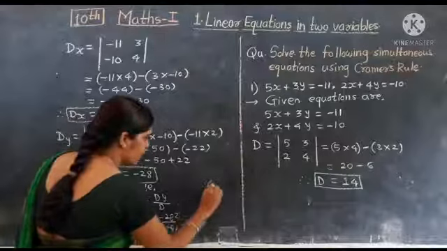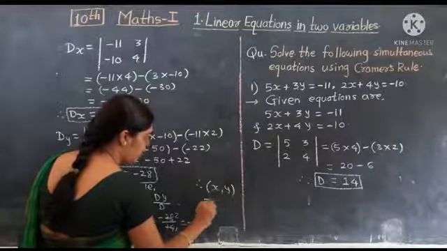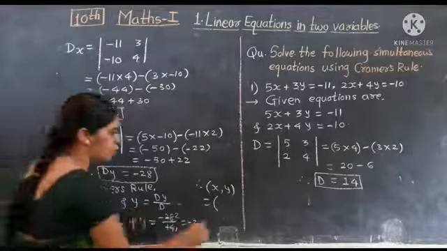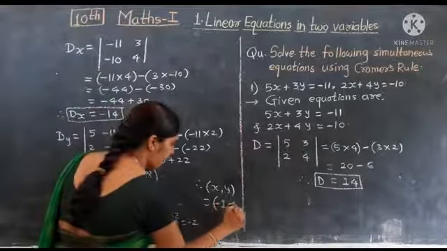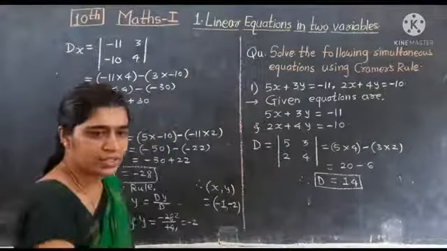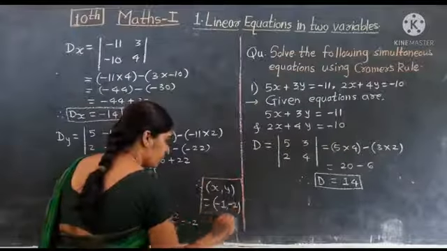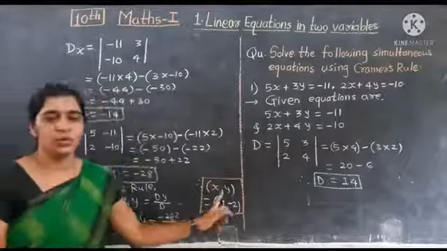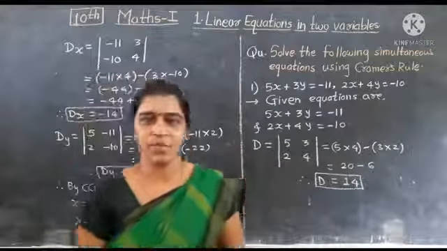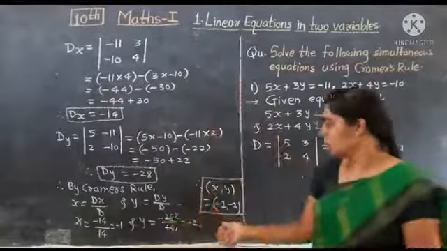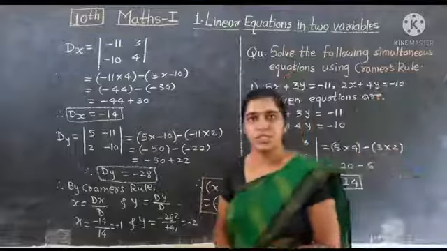Therefore, we get x, y is equal to minus 1, minus 2. This is the required solution. x, y is equal to minus 1 and minus 2 is the solution of the given equations.